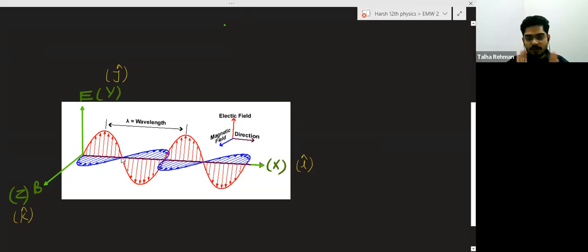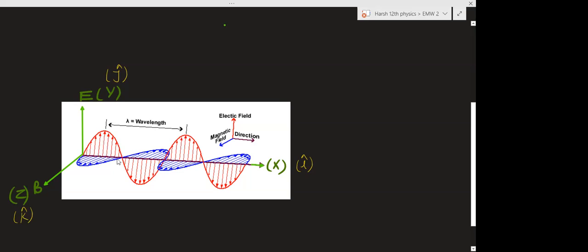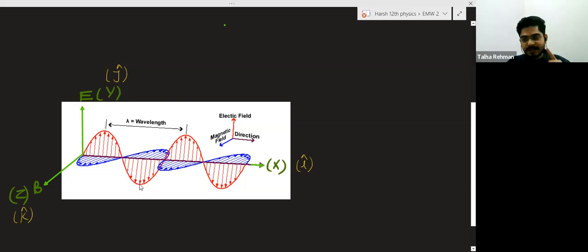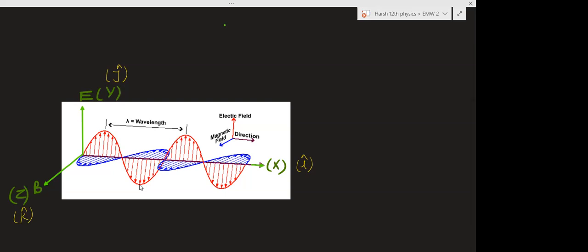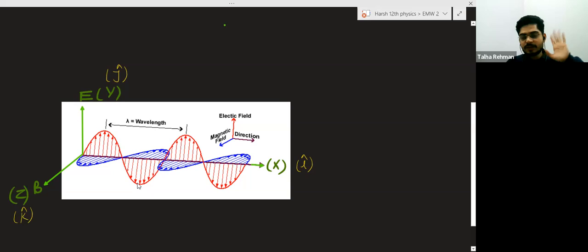Now after that, what is happening? You have to see the direction of the arrow at the same time. The direction of the arrow is along the positive y-axis. Now from here to here, the electric field is increasing, but in the negative direction, which means the electric field has changed direction. Here the electric field becomes maximum.